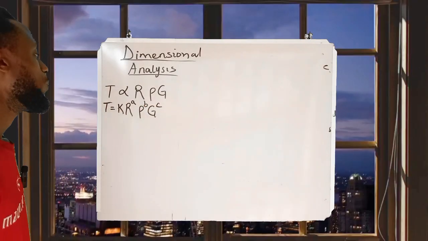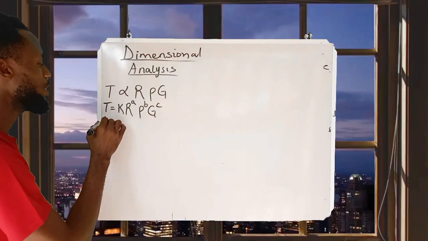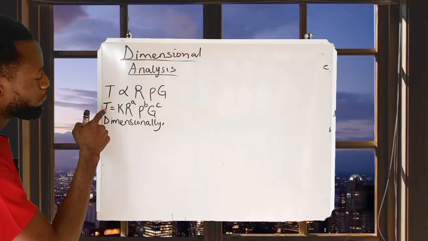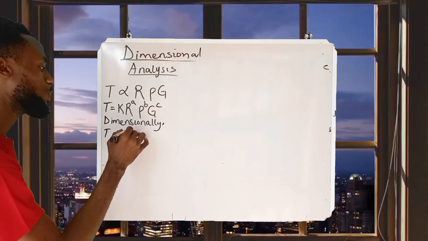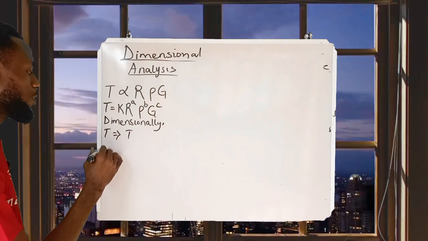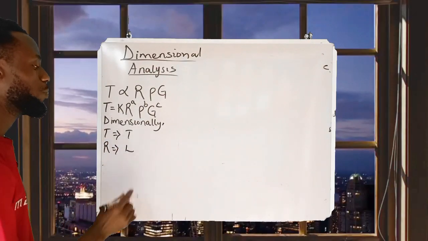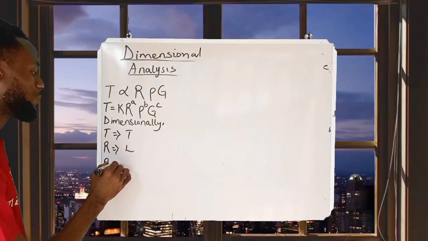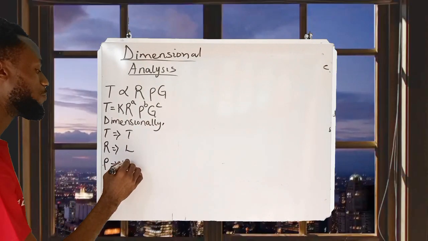So what do we do? We now piece out the dimensions of what's on the left. So dimensionally, period is measuring time, so the dimension remains as T. Radius is measuring length, so the dimension will be replaced as L. Density, as we've done many times, is mass per unit volume, that's M L raised to the power of minus 3.